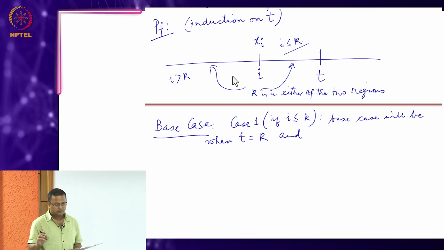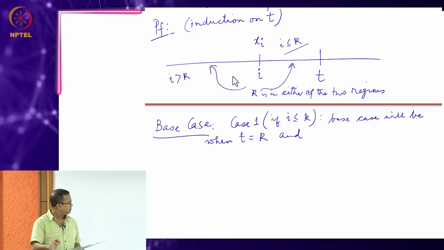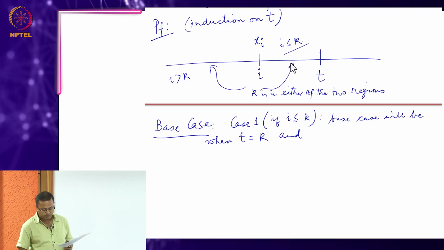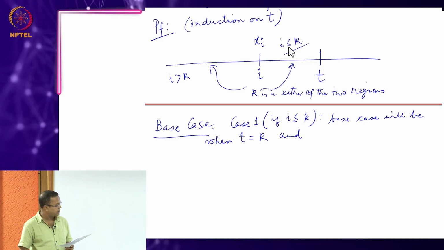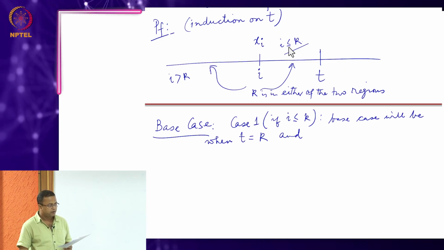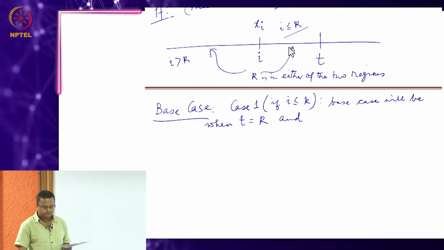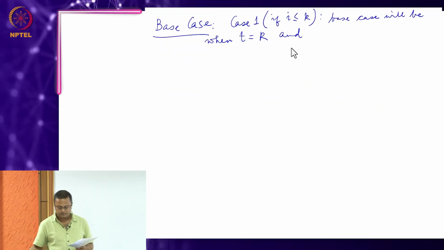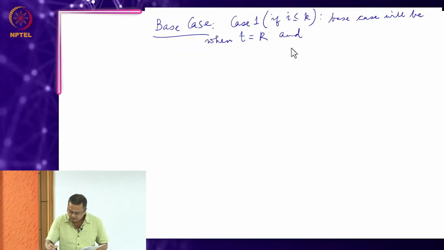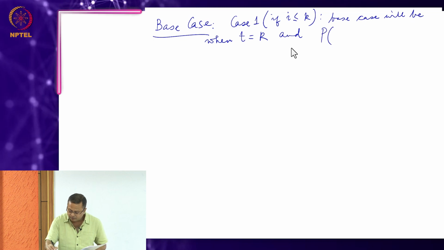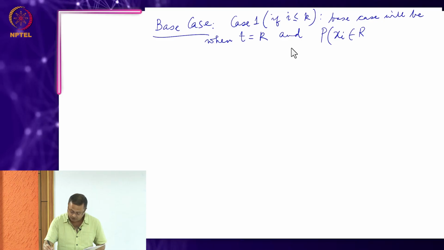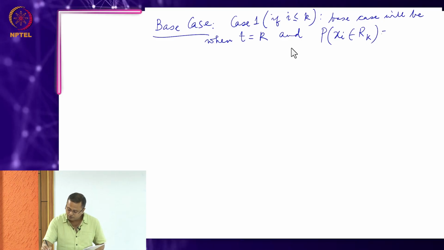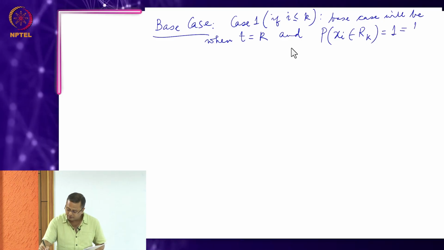Right. So, the base case would be when k is equal to t. And you can verify that the probability of xi belonging to R_k should be equal to 1, and that is equal to k by t.